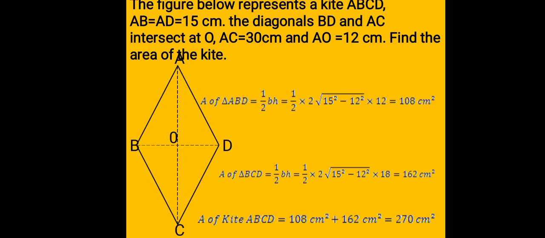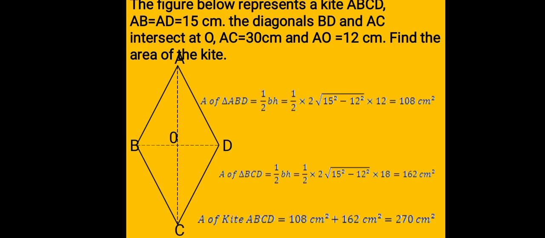Now for the other triangle, that is BCD, we have been given the height as 12. The base length will be the same since they share it with triangle ABD.